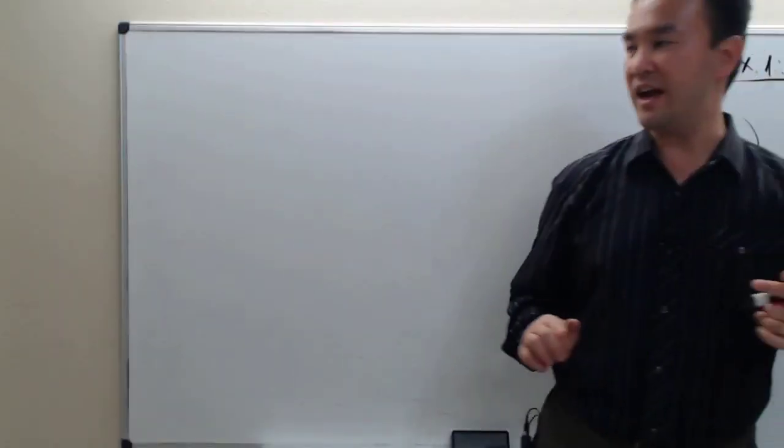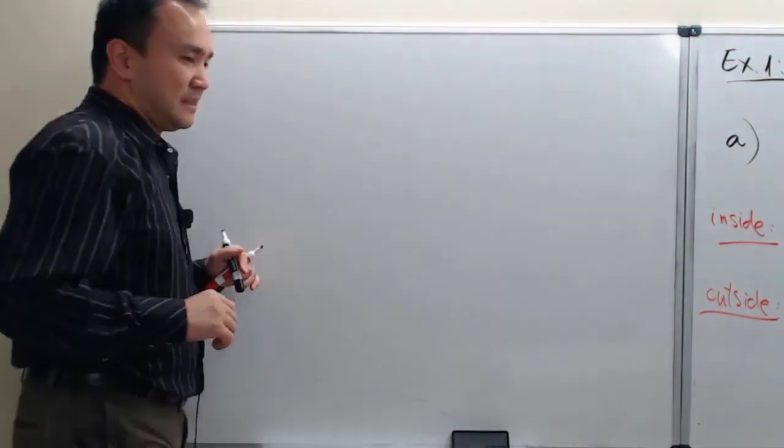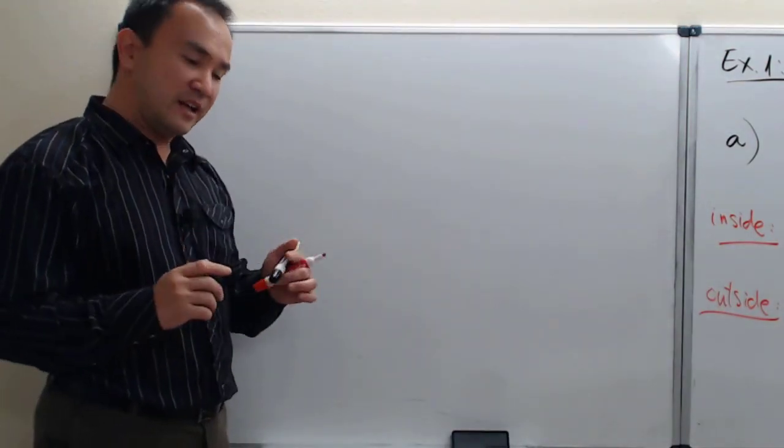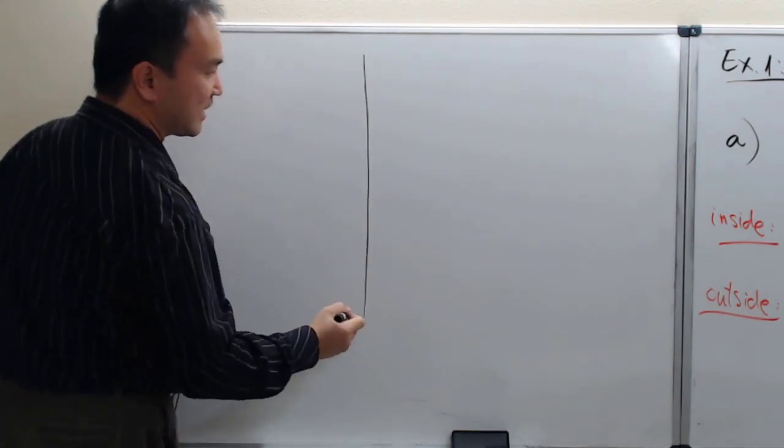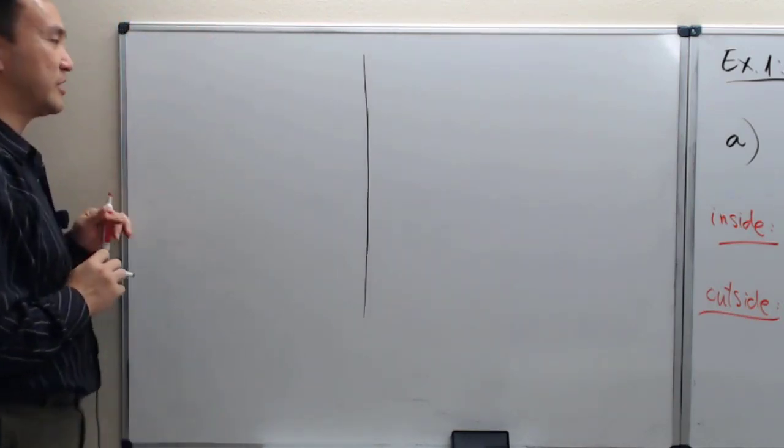And so once we have successfully identified the inside and the outside, then we are ready for our final derivative. And allow me again to split the board into two separate areas.